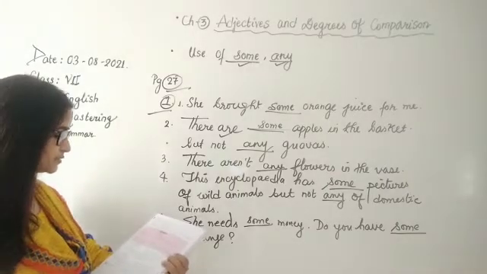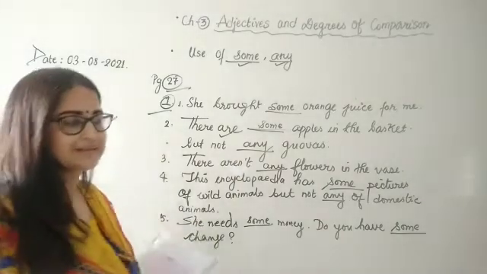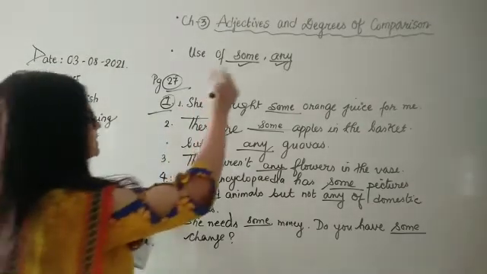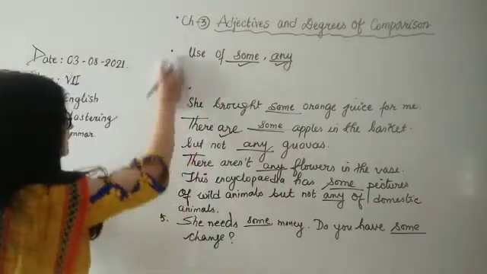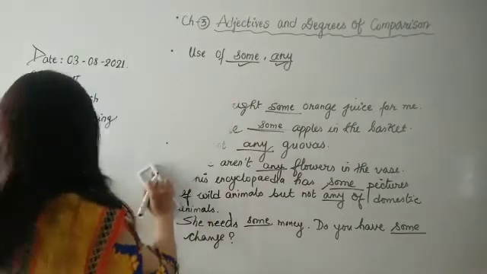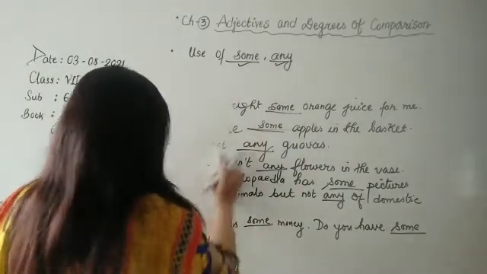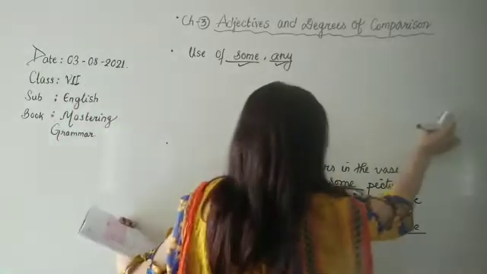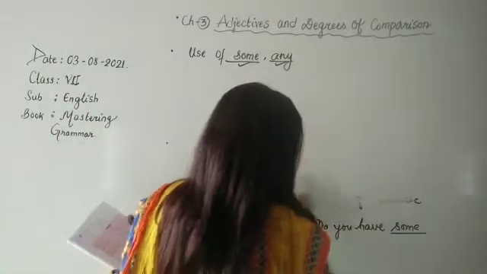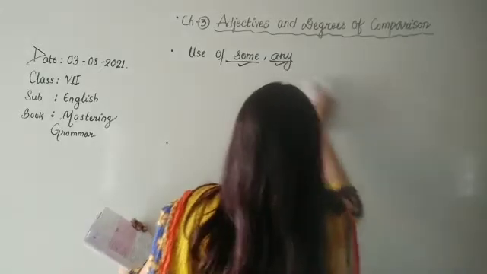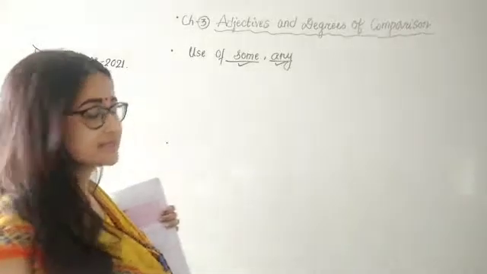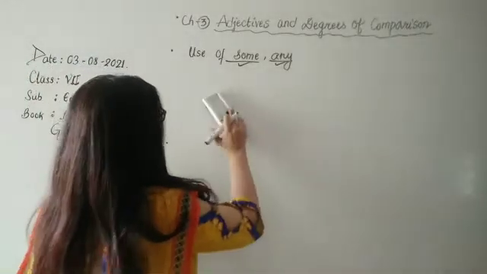Now we are moving to the next set of words. Okay, this was about some and any. Now we will be learning the use of little, a little, the little. So yes, I have to erase this one as well.